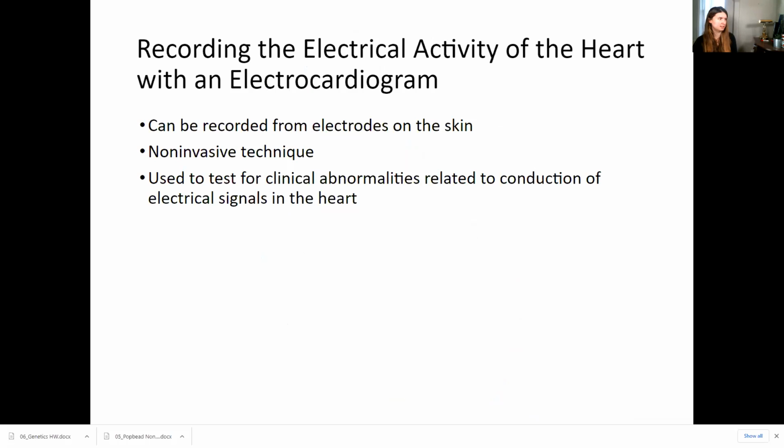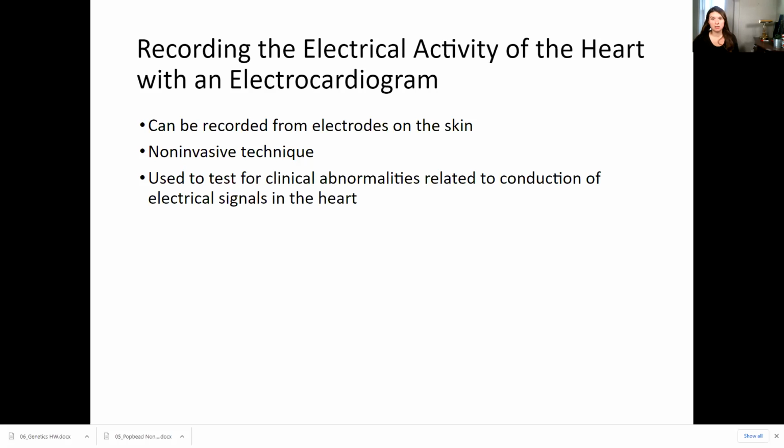So those are equivalent. So an ECG can be recorded from electrodes on the skin. So we can actually sense this movement of electricity, these electrical pulses, these depolarizations, by placing electrodes on the skin itself.